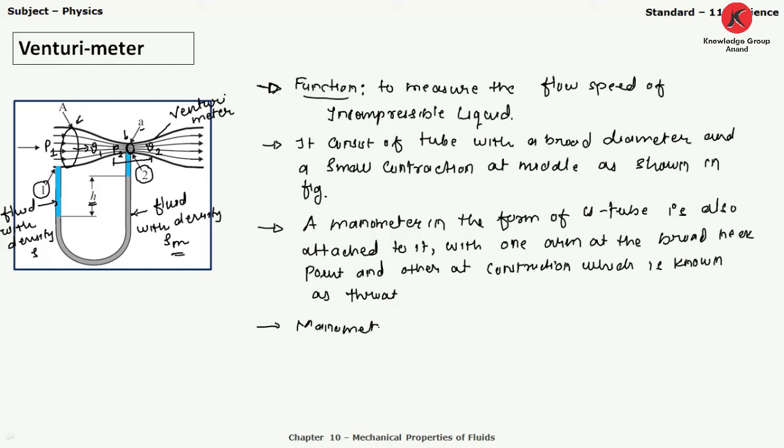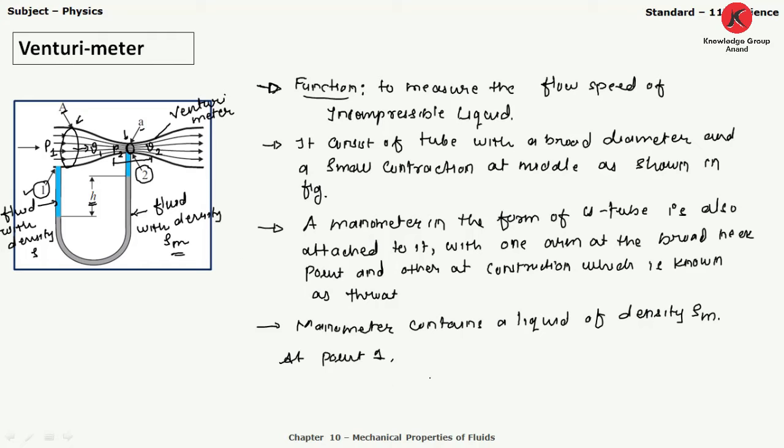Manometer contains liquid of density rho m. Now at point 1, means here it is, at point 1 the cross sectional area, what is the cross sectional area?